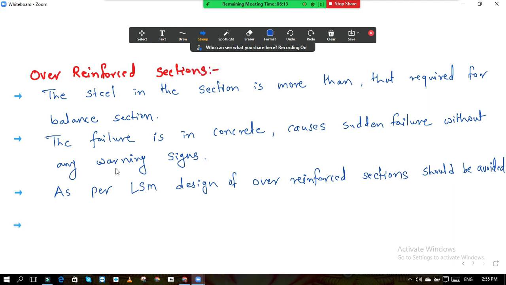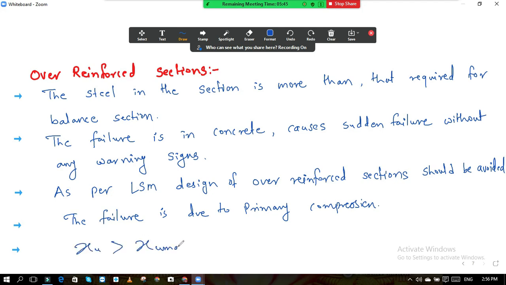And the last point here, the failure is due to primary compression. Okay, and the last one here, your XU is greater than XU max.